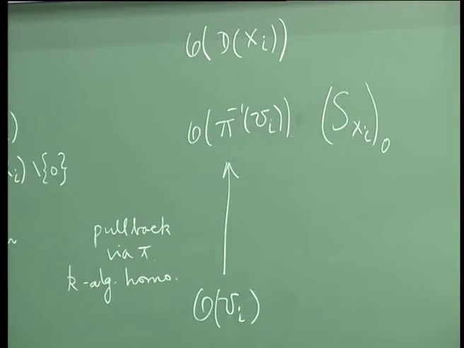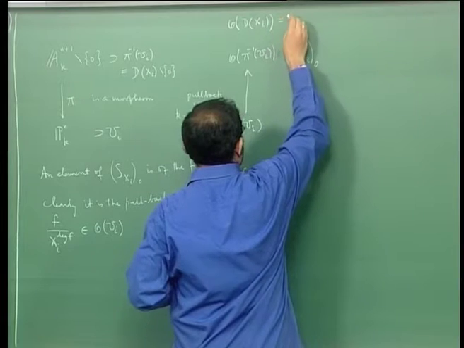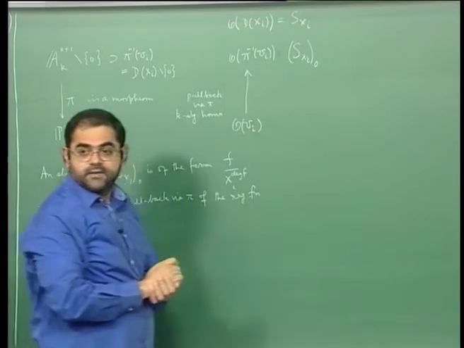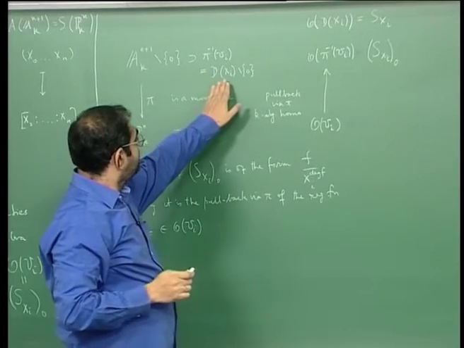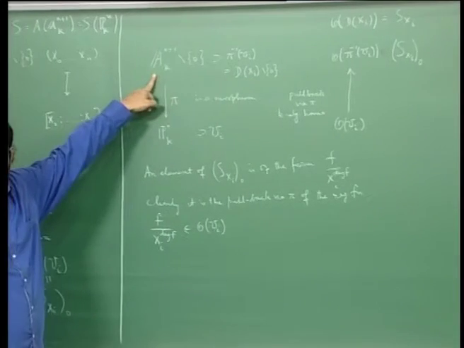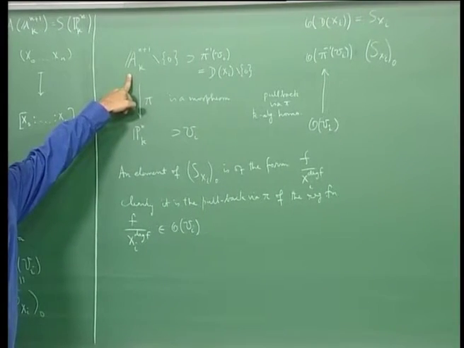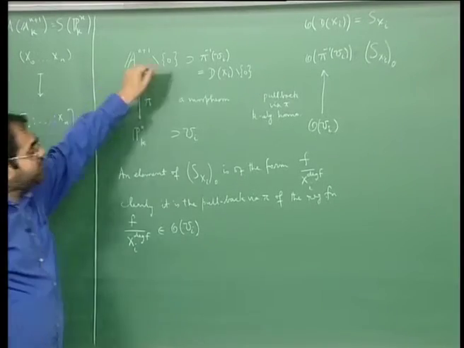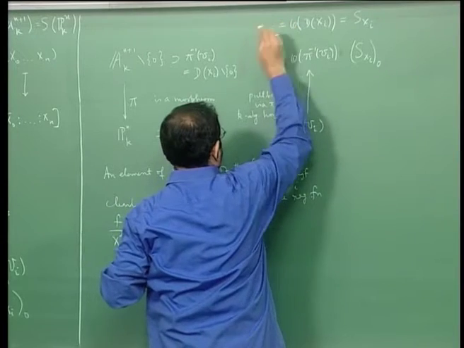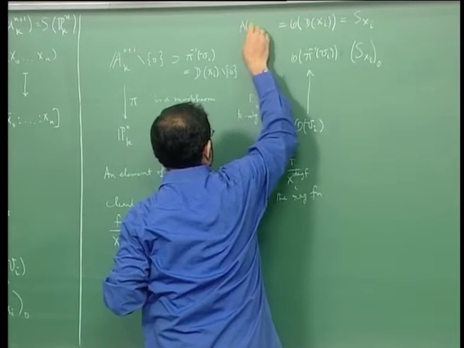This is an affine variety, and you know that this can be identified with S sub xi. If you take dxi in the affine space, that is the locus where xi does not vanish, and it is an affine variety, its affine coordinate ring is Sxi. In fact, this is the same as A of dxi.